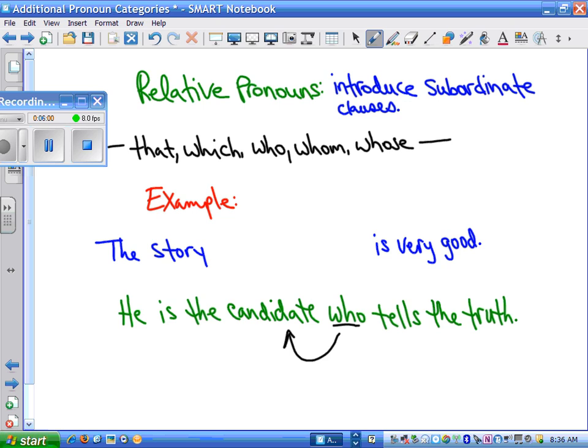Okay? So, like with the previous example, let's think about where that clause ends. He is the candidate who tells the truth. So clearly the who is starting our subordinate clause, and now truth is ending it. And notice, like with the other example, I'm going to be able to take that whole clause out and still have a sentence.